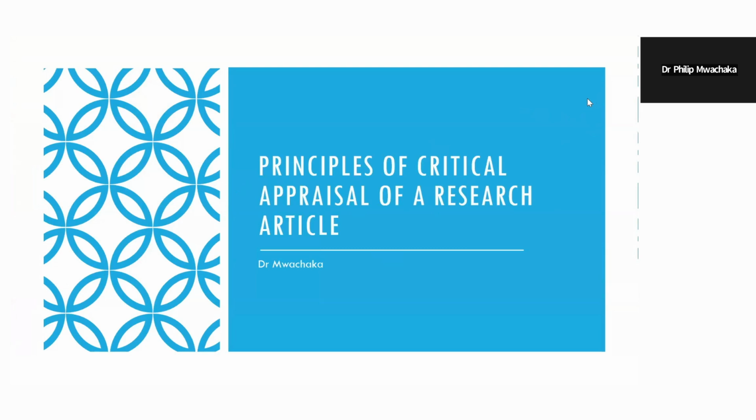For example, when you look at a study and the methods are flawed, so you see that whatever methods were used were not really correct, that can lead to rejection.